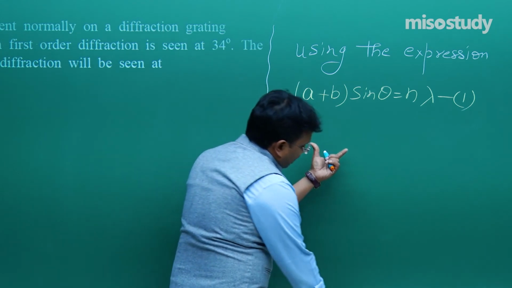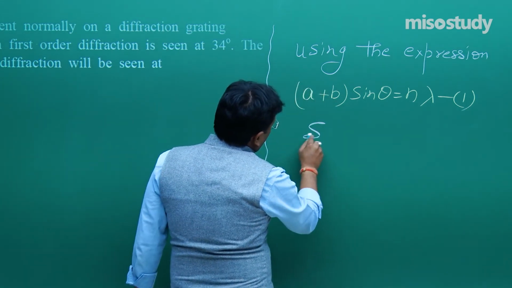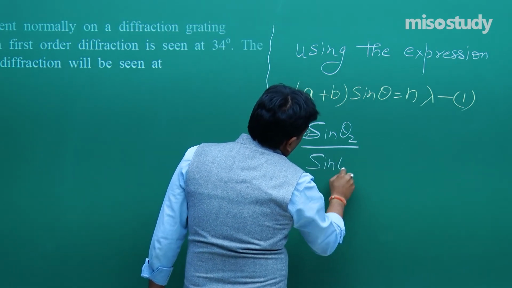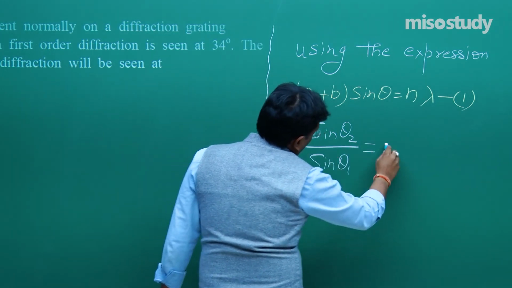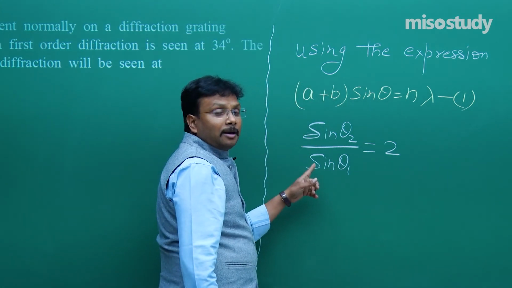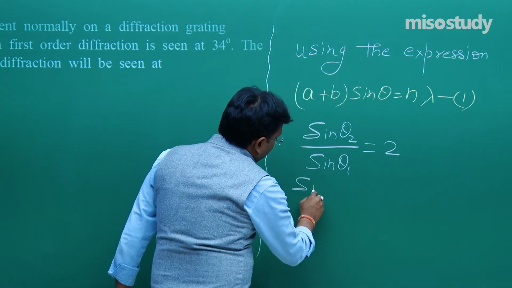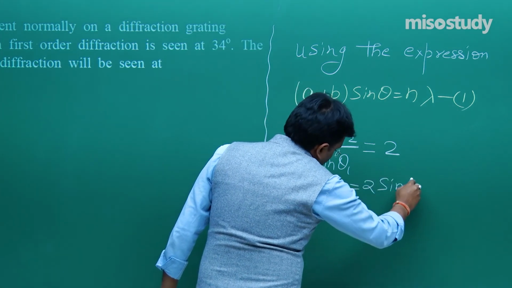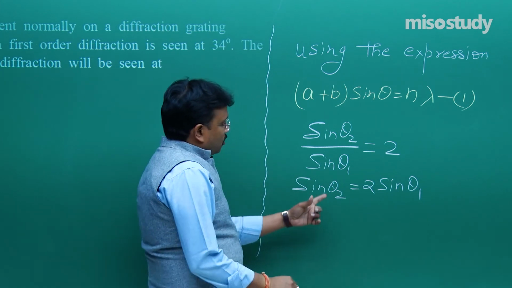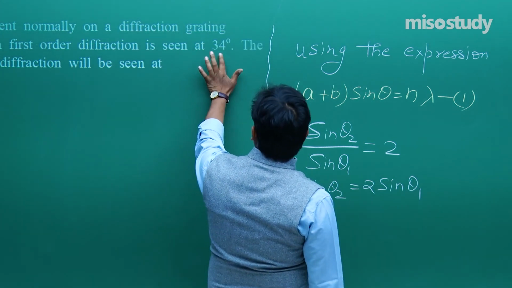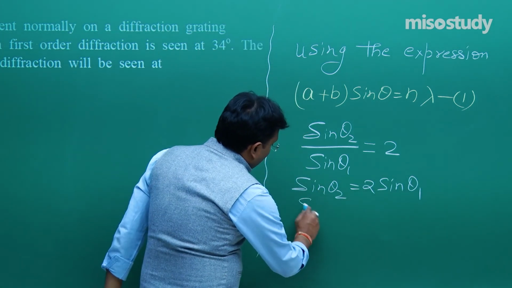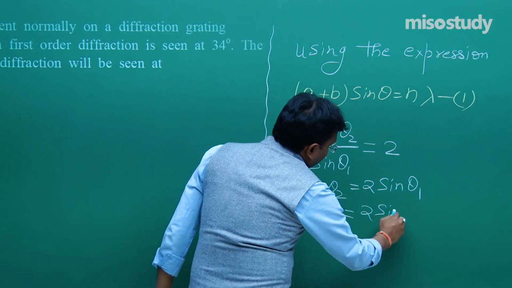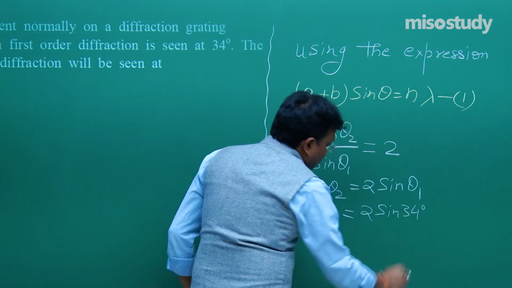This is the general result that we are supposed to use. Sin theta 2 upon sin theta 1 is equal to 2. It means sin theta 2 is equal to 2 sin theta 1. So theta 1 is given as 34 degrees. So sin theta 2 is equal to 2 into sin 34 degrees.